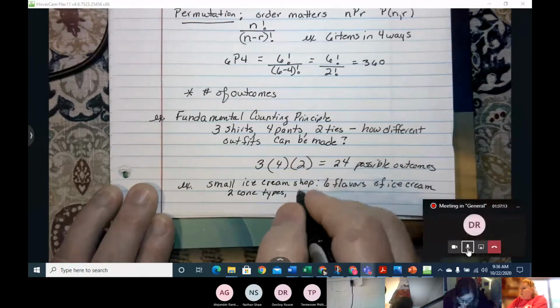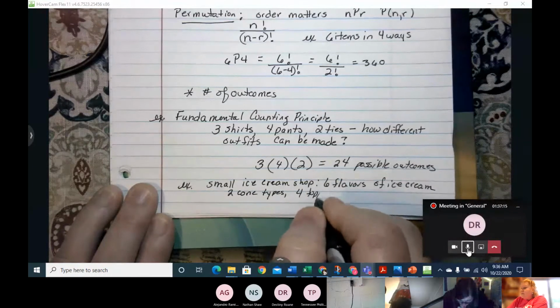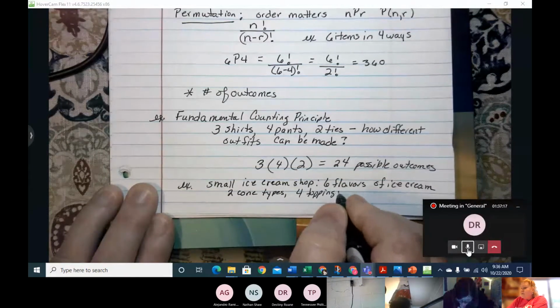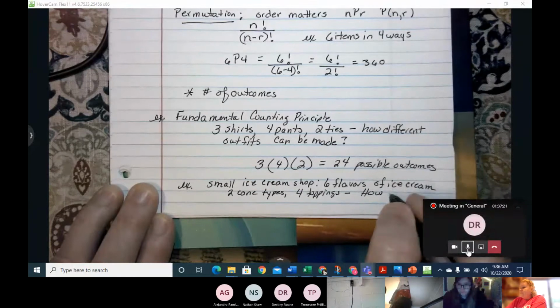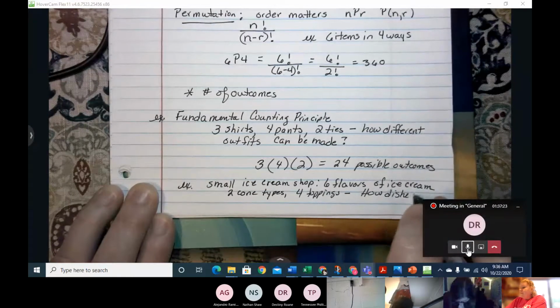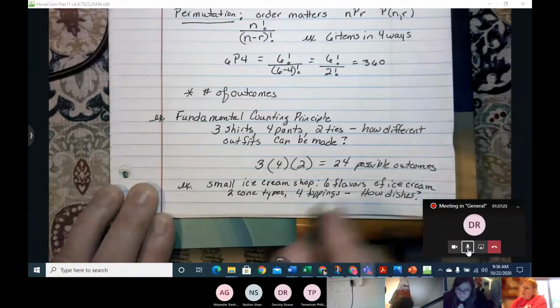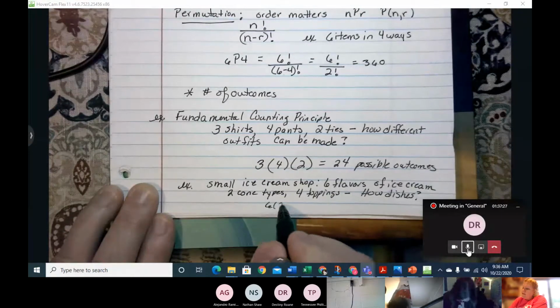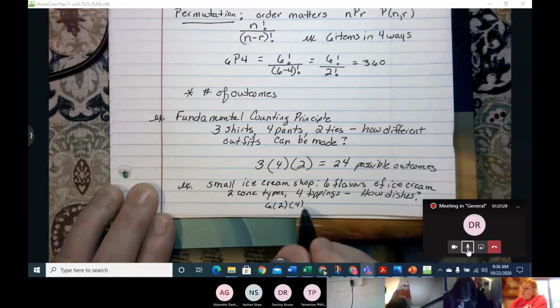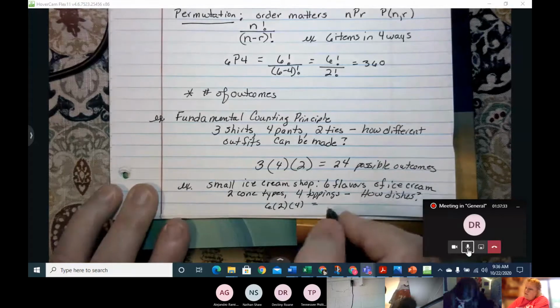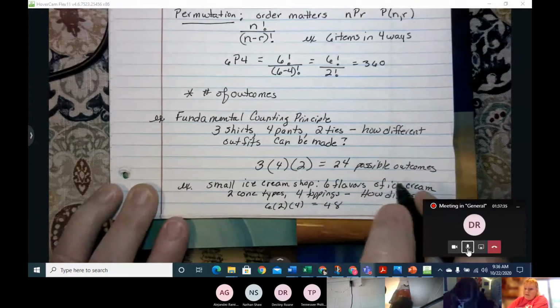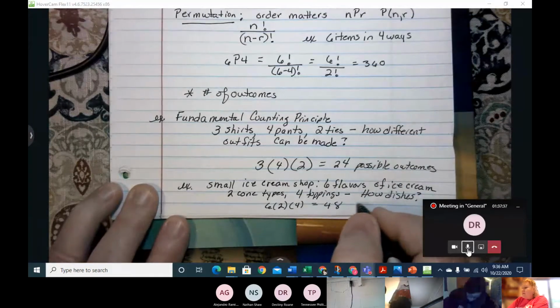And they had 4 toppings. How many dishes can they make? It would be 6 times 2 times 4, which would be 48 different ice creams.